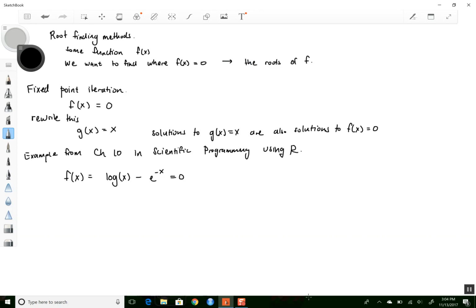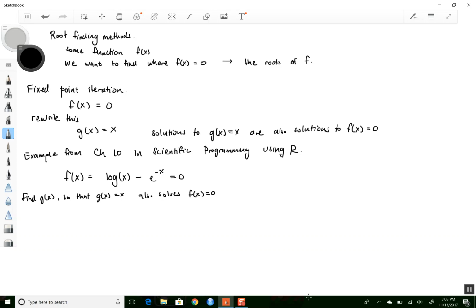If we set this equal to 0, we have a few things we can do to find a g of x, so that g of x equal to x also solves f of x equal to 0.